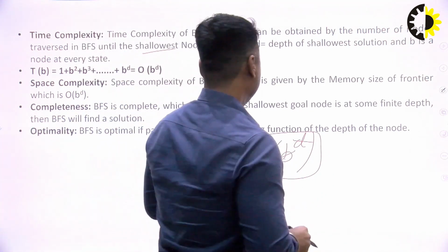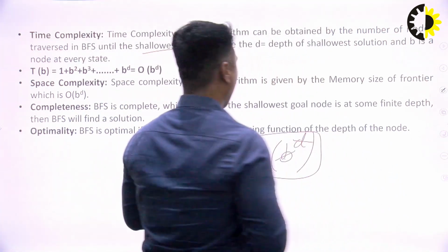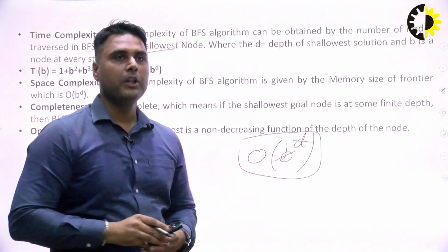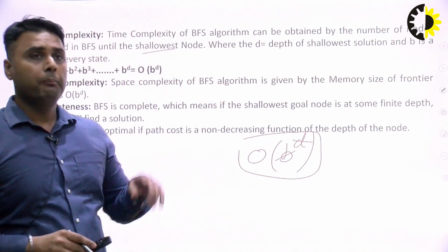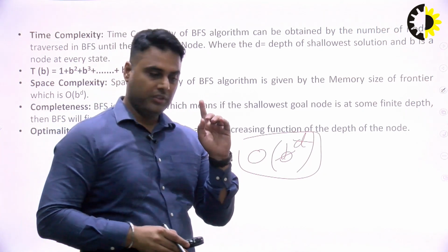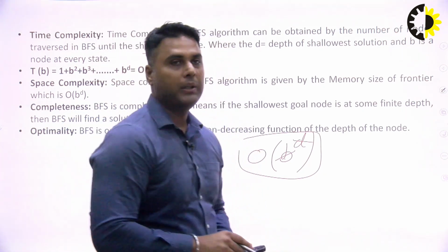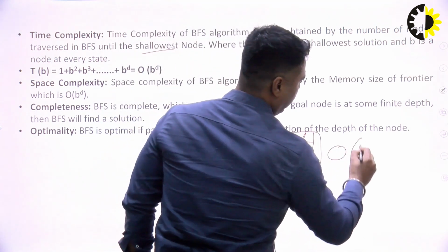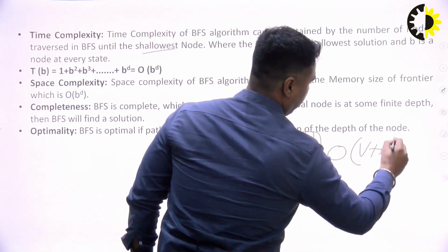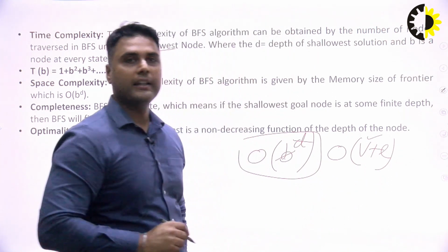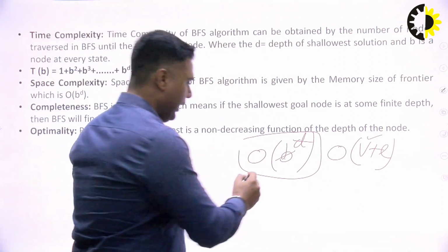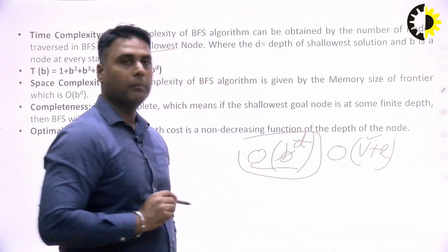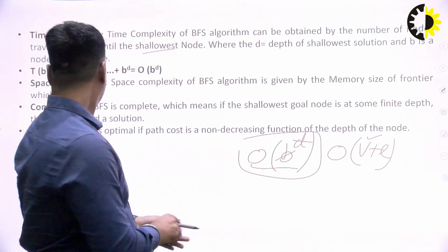Space complexity is also mentioned here, big O of B to the power D. But in data structure form, BFS time complexity is big O of V plus E, where V is the vertex and E is the edge. But in AI form, it is big O of B to the power D.